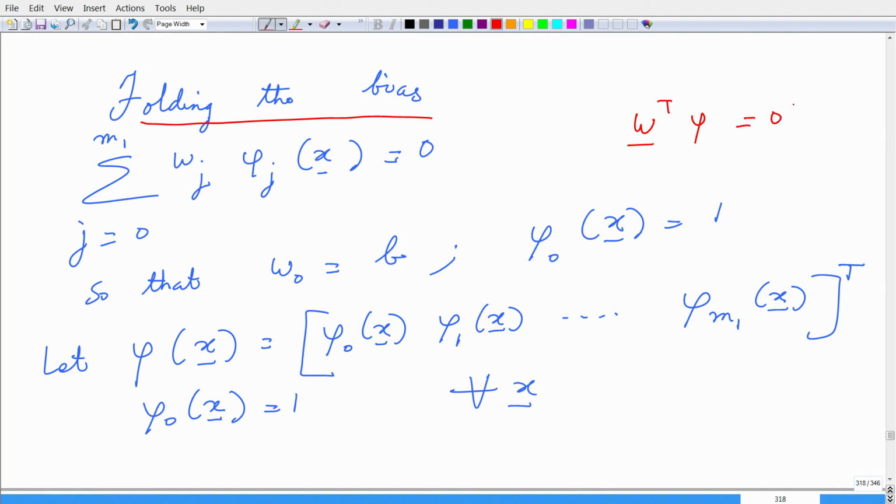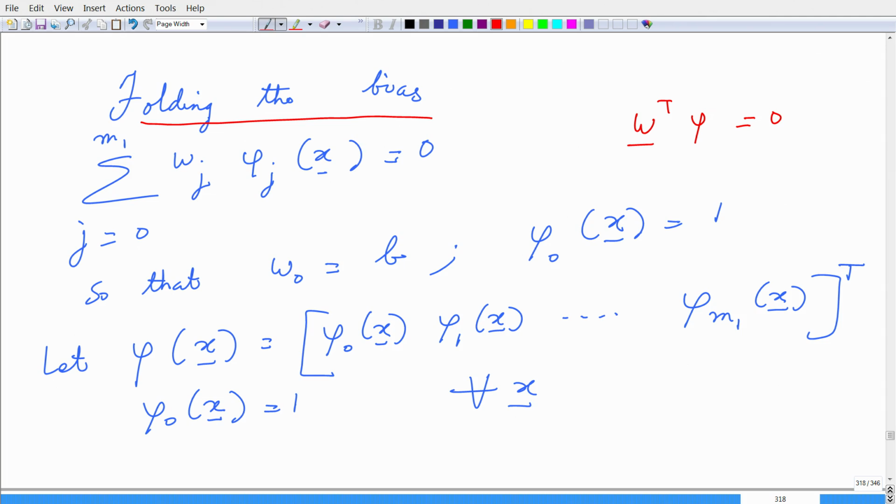You can also take the transpose of it and say phi transpose w is 0 in whichever form that is convenient. Now what we have done, we have folded the bias into this linear equation by setting w naught equals the bias and phi naught of x to be 1.